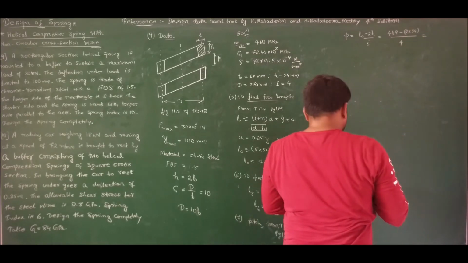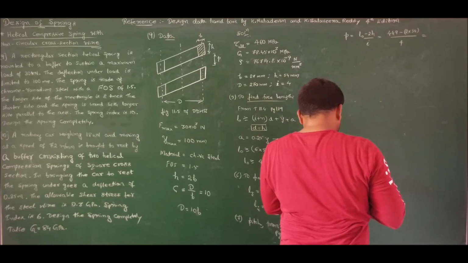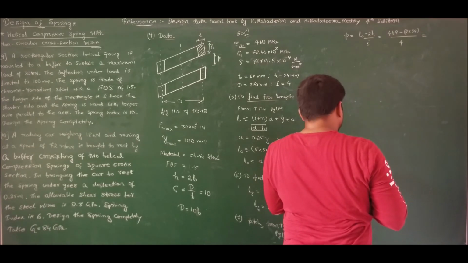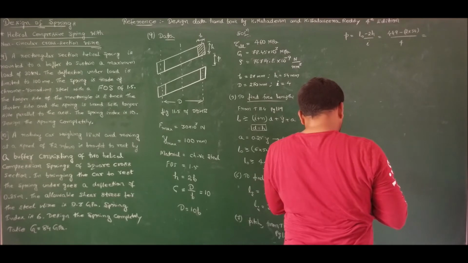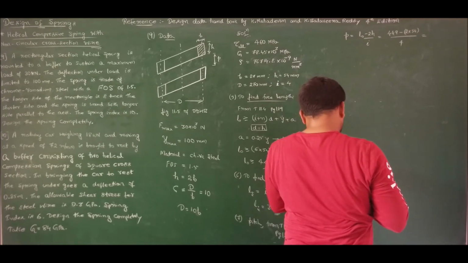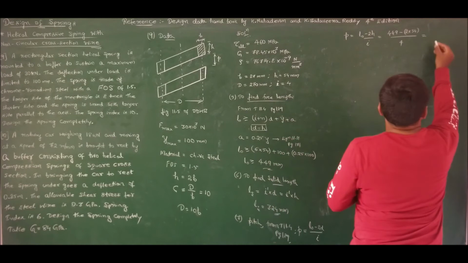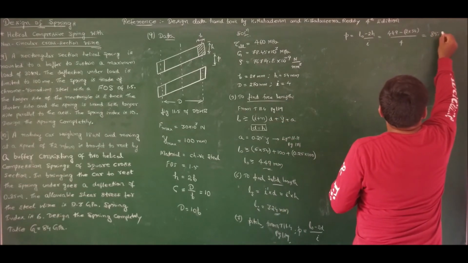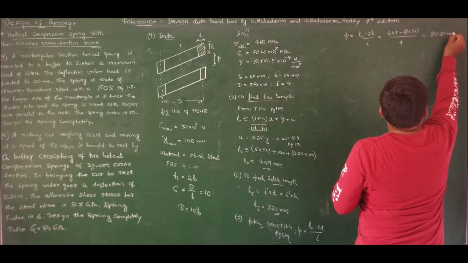So therefore pitch for this problem is 449 minus 2 into 54 divided by 4, which is turning out to be 85.25 millimeters.